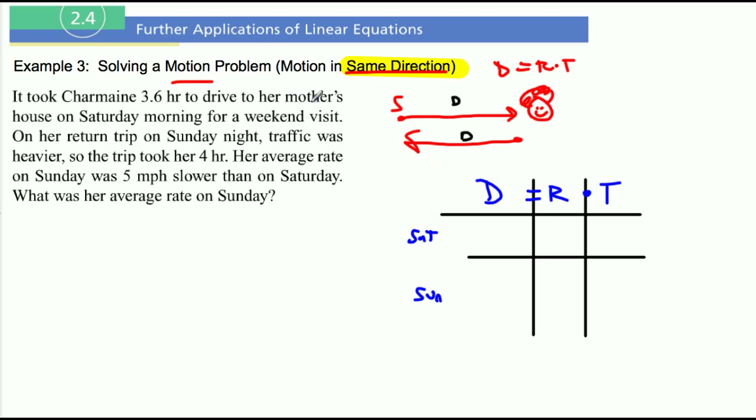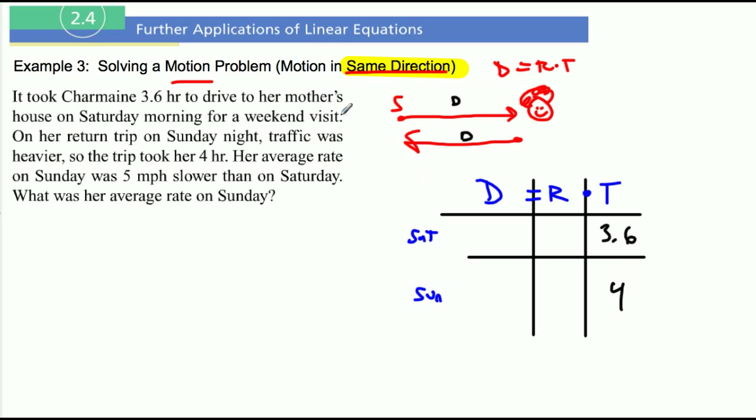So driving to her mother's house, it took her 3.6 hours. So I'm going to put 3.6 hours right here. And actually, that should go under time, not the rate. So 3.6. Now on her way back, it took her 4 hours, so that means going Sunday, on her way back, her time's going to be 4 hours.